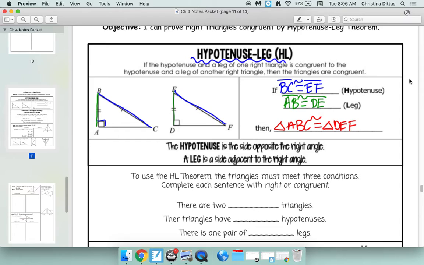Okay. So we have 3 conditions that have to be met. First off, you have to have 2 right triangles. That means I have a right angle.